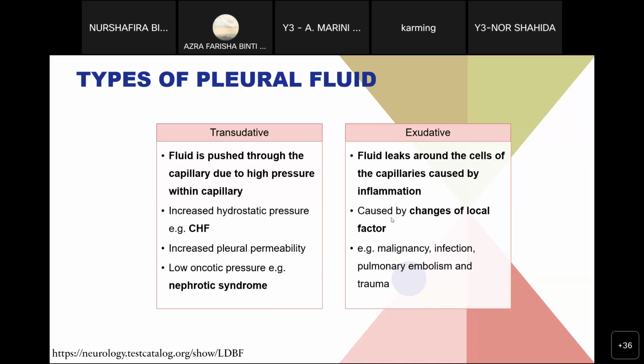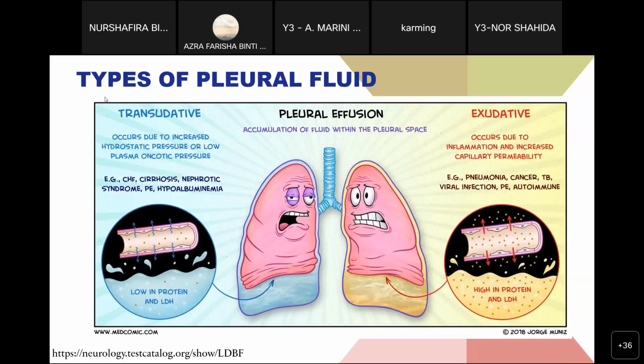It is caused by changes of local factors, cytokines, mediators and so on. The causes are malignancy, infection, pulmonary embolism, and trauma. This is the diagram showing the difference between transudative and exudative pleural effusions.